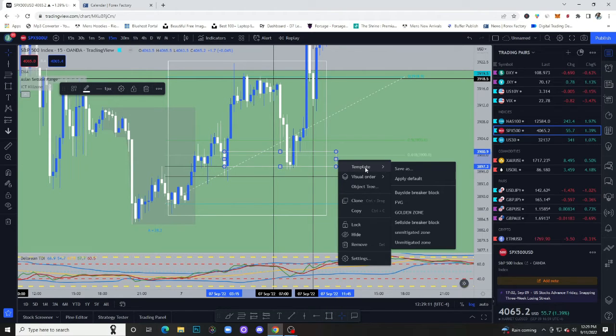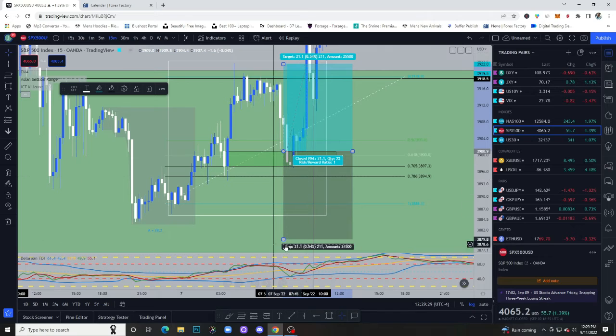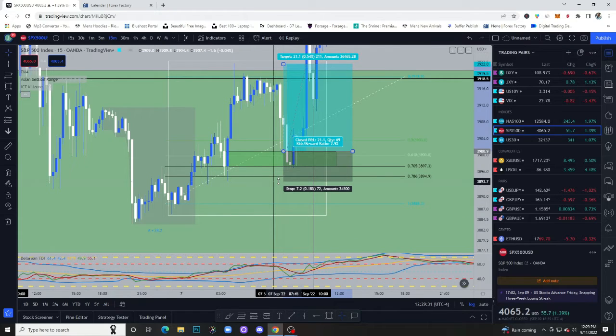And so if you wanted to take an optimal trade entry, you could have well done so. That's probably what I would have done looking at this if I wanted to take it solely on the 15 minute. All right.